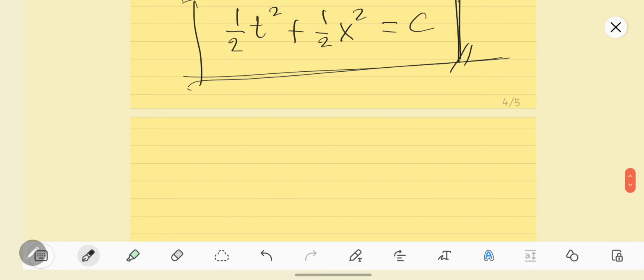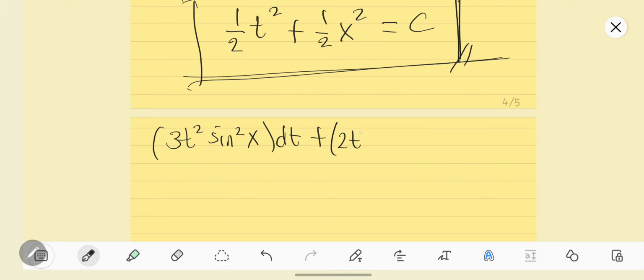So next, our next example is 3t squared sine squared x dt, and then plus 2t cubed sine x cosine x minus 2 e to the 2x dx is equal to 0.